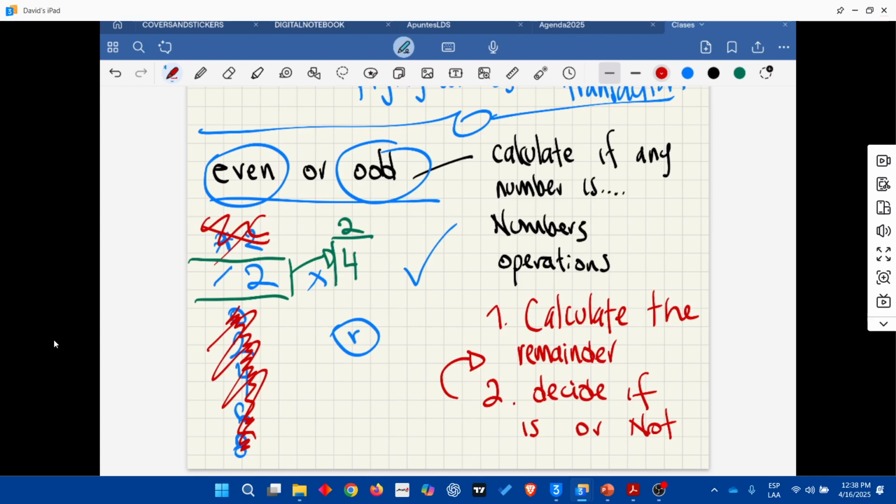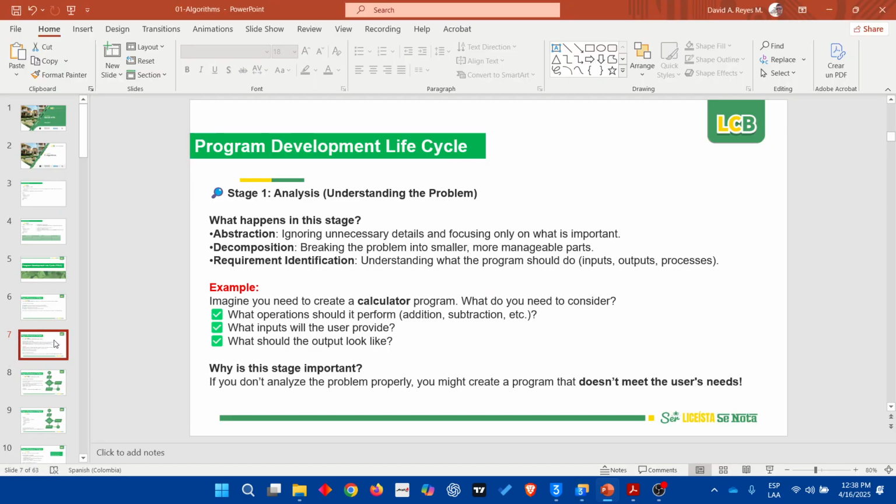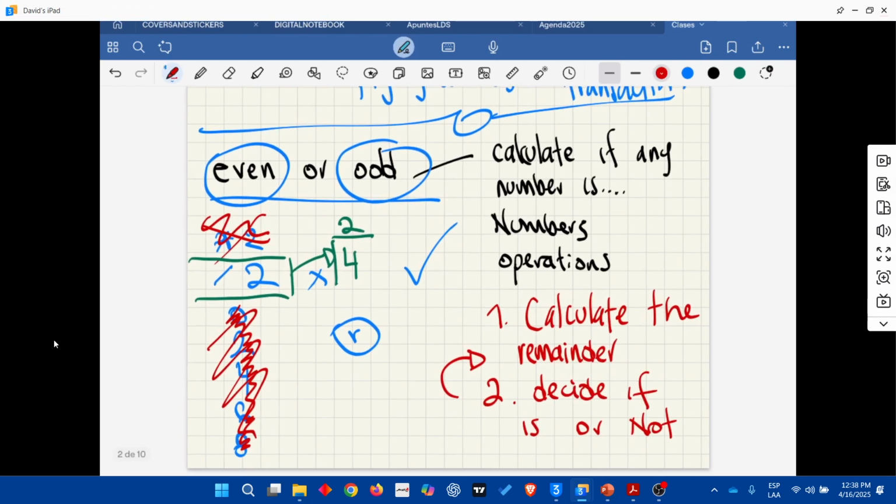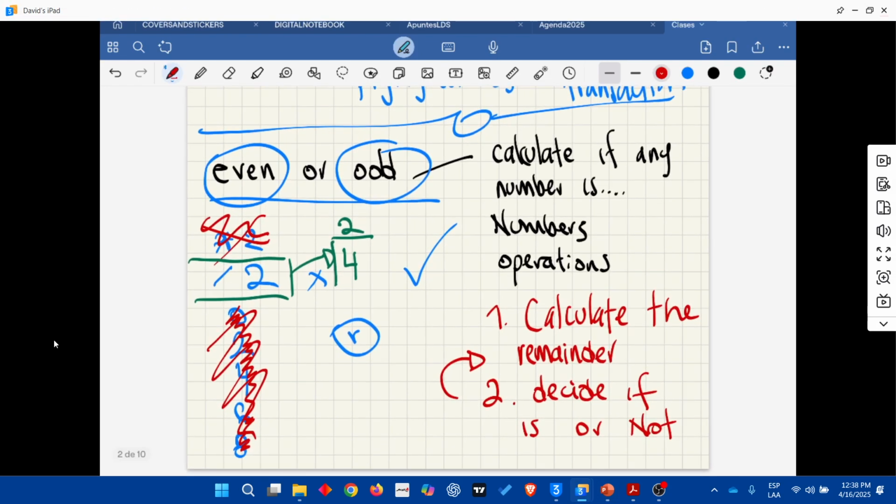Okay. So we are going to divide the huge program into smaller ones. One is going just to calculate the remainder. In the other one, we are going to use the remainder to decide if the number is or is not an even number. Okay. And obviously, you are going to have something that is called requirement identification. That means that if you want to do this, you need inputs.